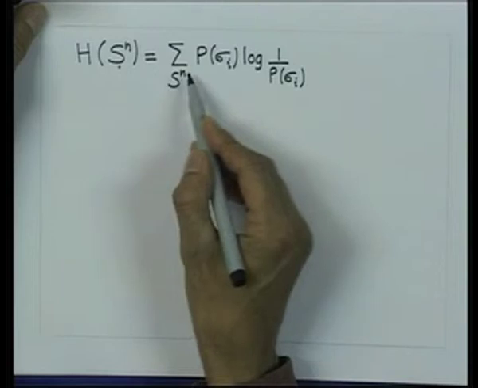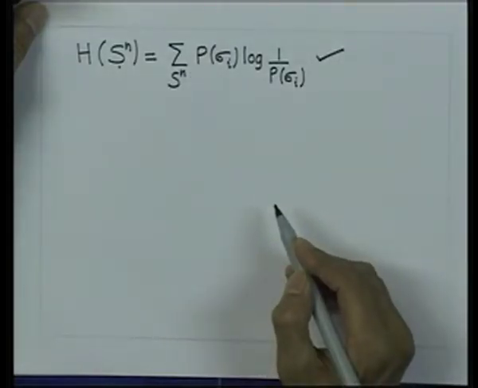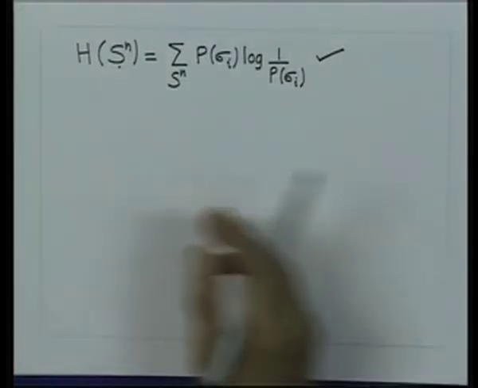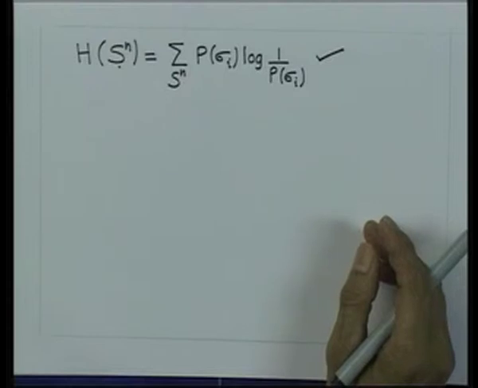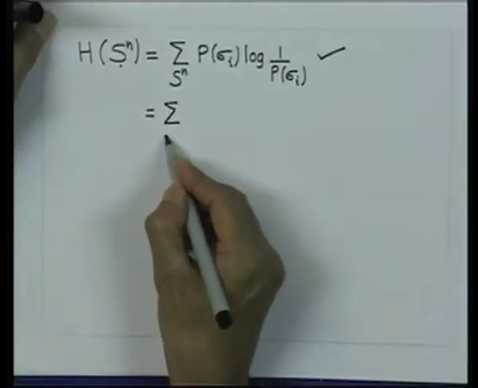So, the entropy of my nth extension, which is given by H(S^n), is nothing but this formula. Now, we can simplify this formula.